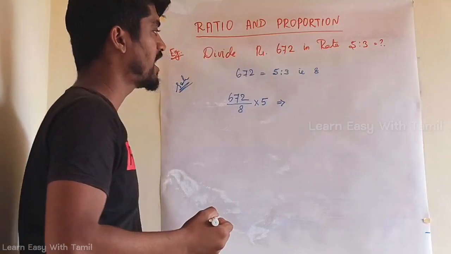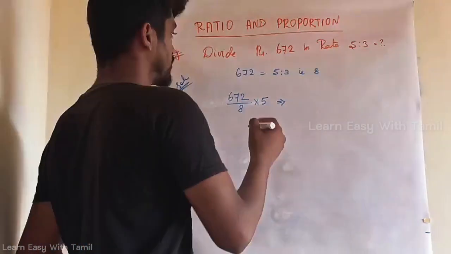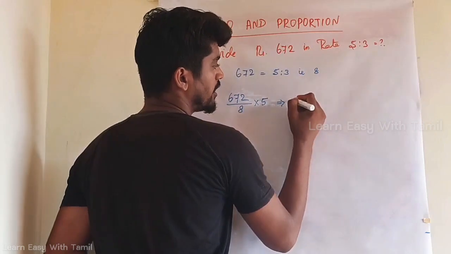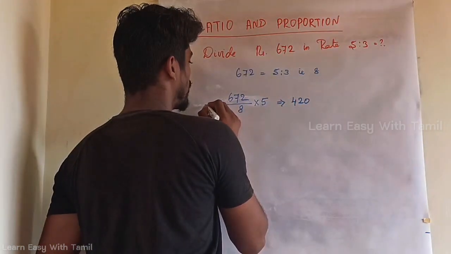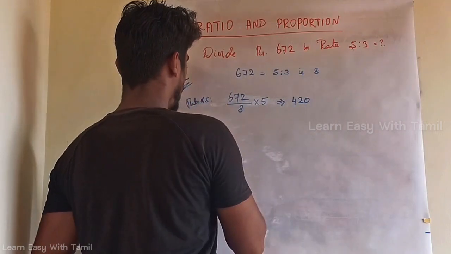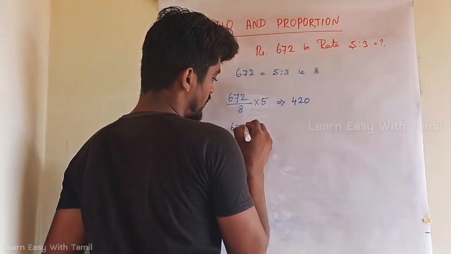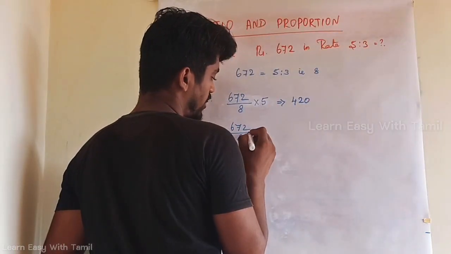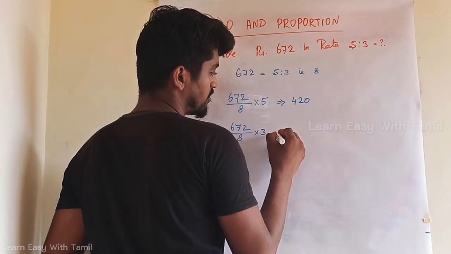And we can get the value 420 for the ratio of 5. Then we have to find the ratio of 3. 672 for the 1 unit, so we have to divide it by 8 and multiply with 3.